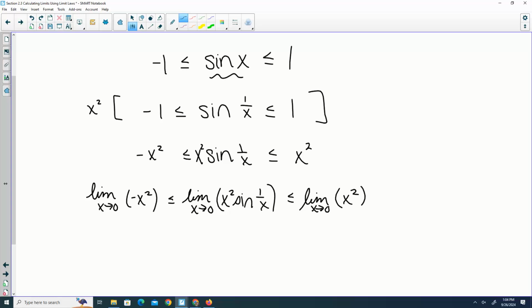We're allowed to add that limit because of the squeeze theorem. But now we are in very good shape.